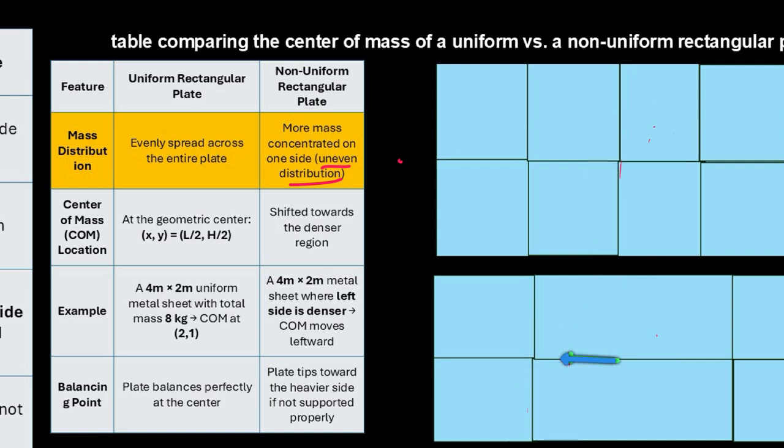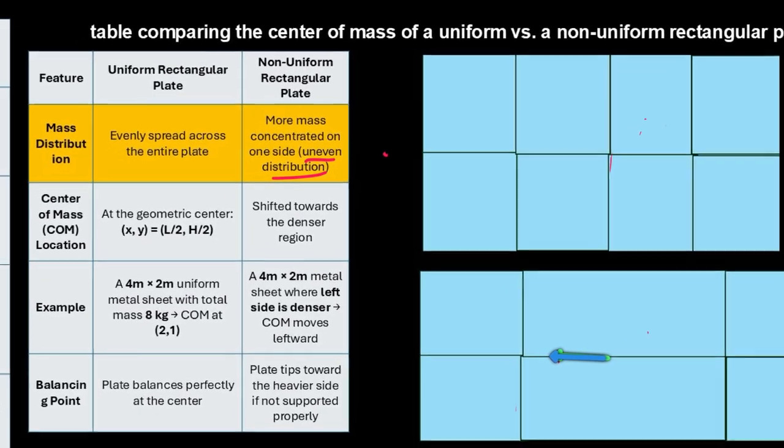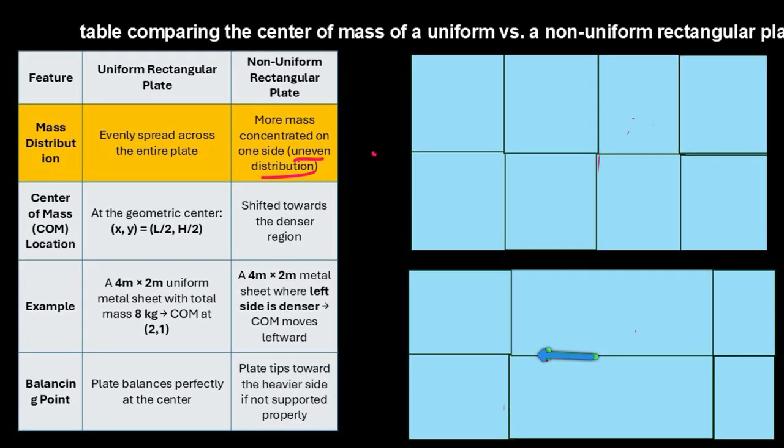To summarize this, if we compare the mass distribution in a uniform and non-uniform plate, in a uniform plate, the mass distribution would be common across equal areas, right? So this will make 1 plus 1 plus 1 plus 1, 4, into 2 becomes 8. Whereas in a non-uniform rectangular plate, there will be uneven distribution, with more mass concentrated on one side.